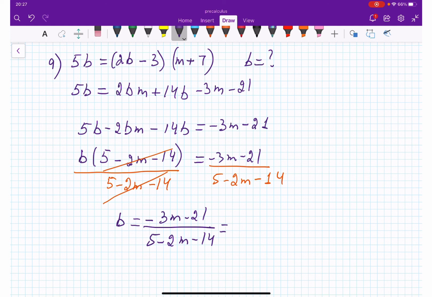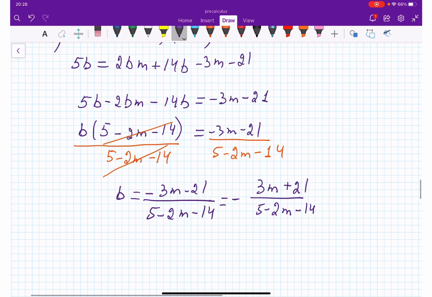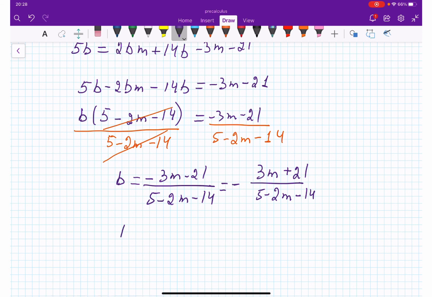So if we take the negative out here, I will get positive 3m, positive 21. And finally, let me combine this negative sign. I'm going to apply it to the denominator. Oh, I just noticed I have like terms in the denominator that can be combined.